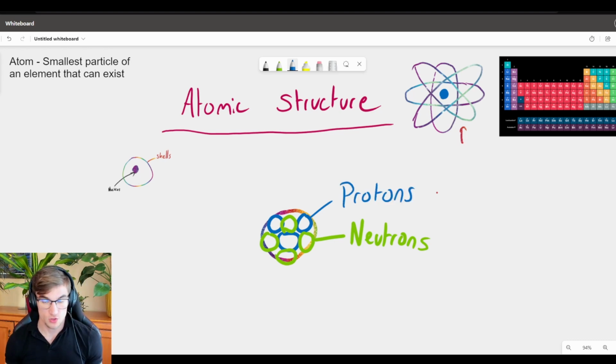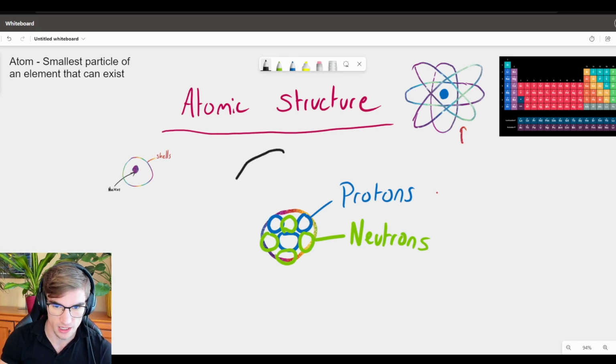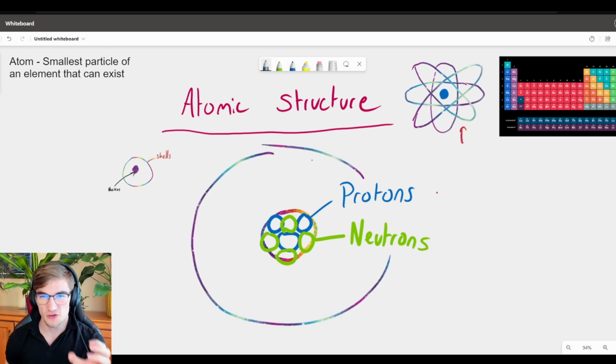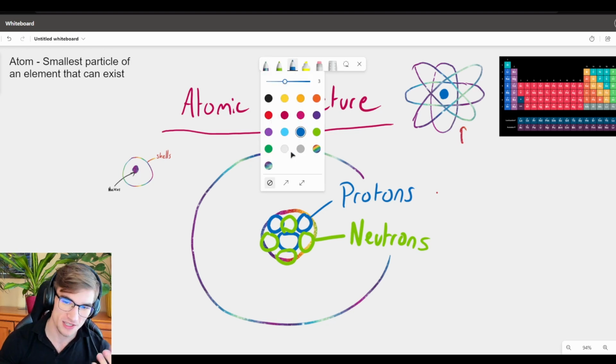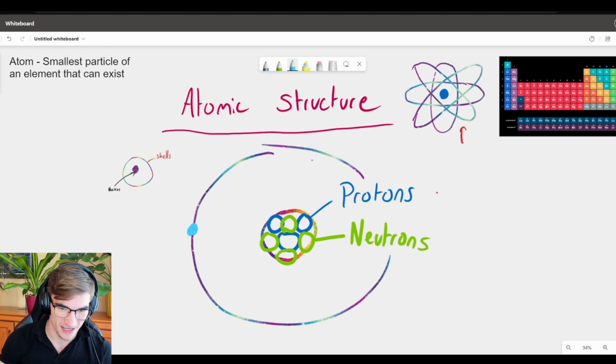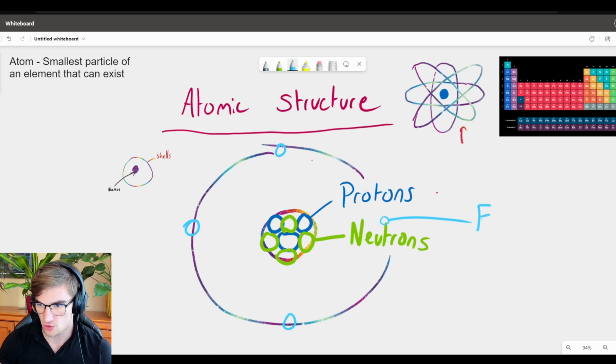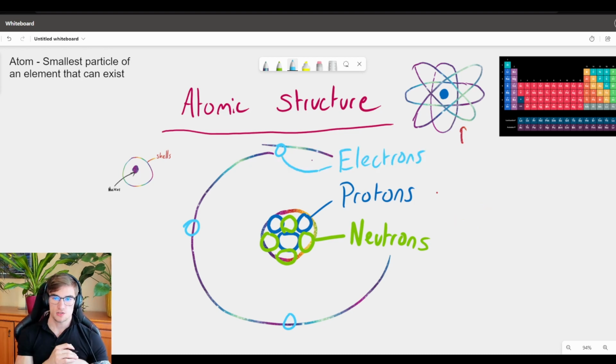So if you remember, we have a shell, which is the line around. What's the thing that actually orbits around it? We call these electrons. I should have made the electrons blue, to be honest, but that's all right. I'll make them a light blue. So we have these light blue circles that orbit around the nucleus, and these are called electrons.